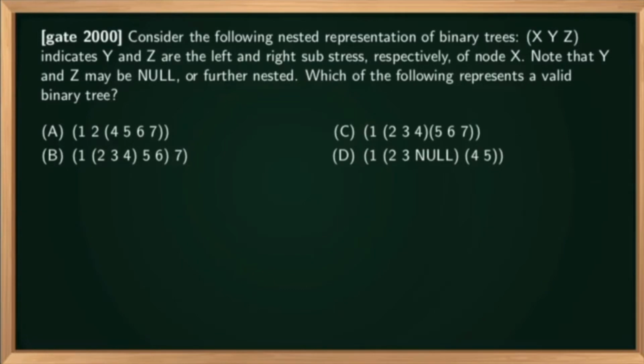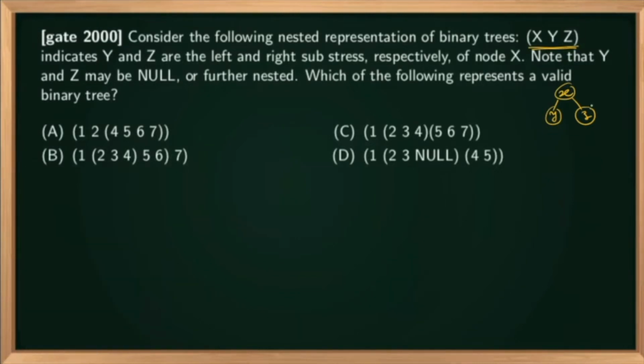Okay. Now listen here. Everyone listen here. So it's given that we have a nested representation of a binary tree. So it says basically X is the root, Y is the left child, and Z is the right child. So that is the representation here. It's also mentioned that Y can be null, or Z can be null, or it can be next step.